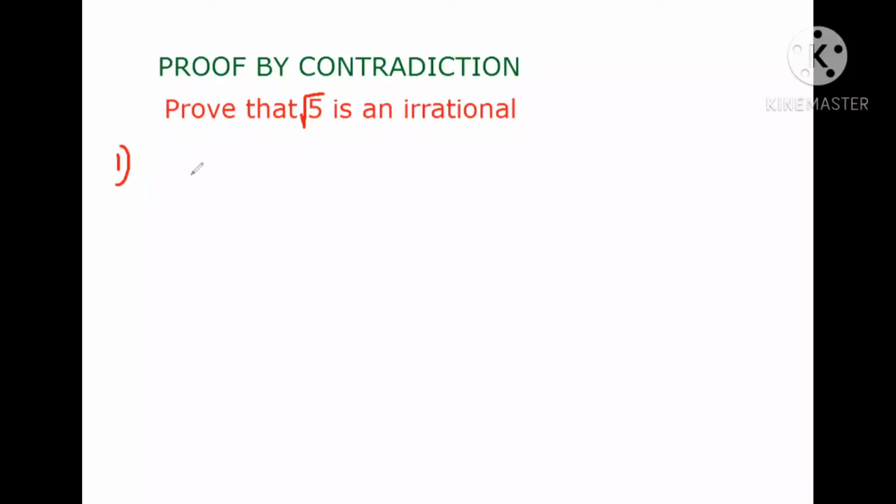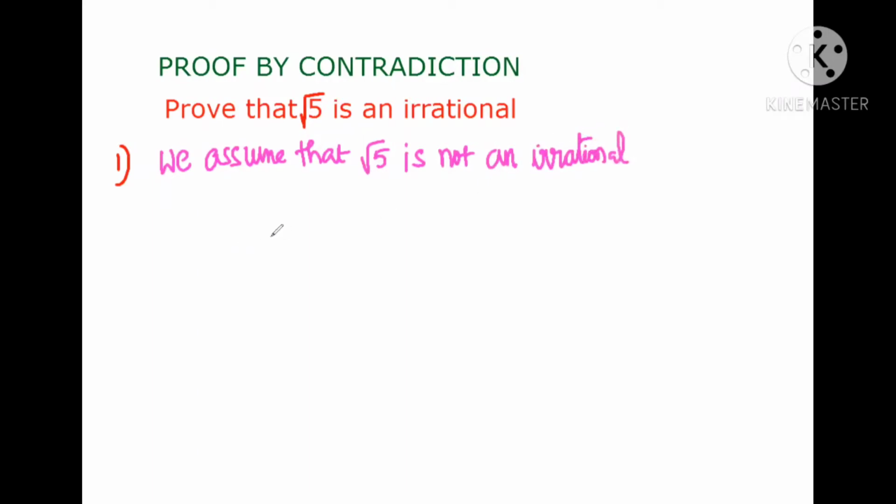The first step, we assume that root 5 is not an irrational. So then what will happen?